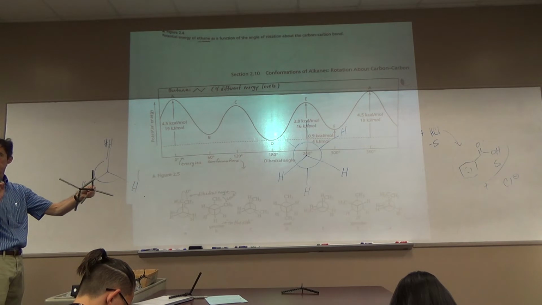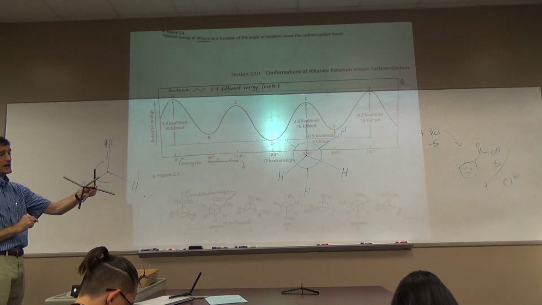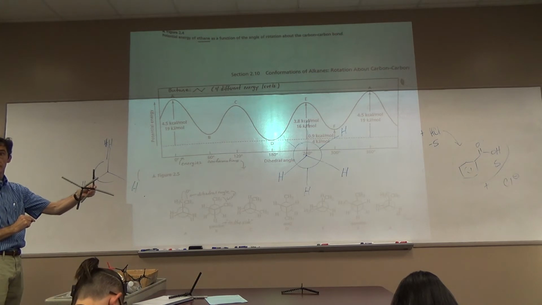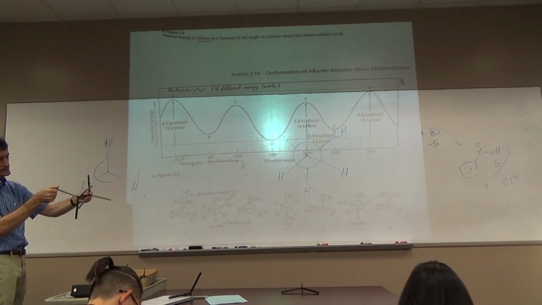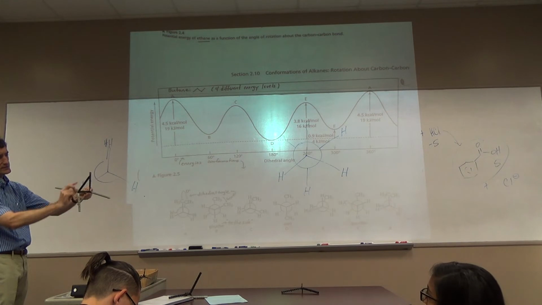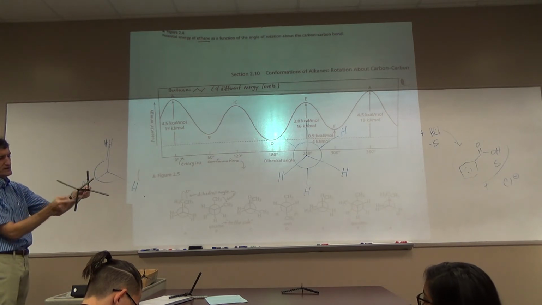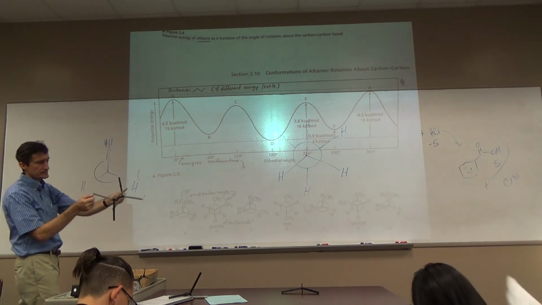We've done 60s for a total of 180, so we went from here to here, 180. Staggered. Staggered's always better than eclipse. But look at this stagger compared to our previous stagger. Is that any better? Yes, because now the 2 methyls are furthest apart, and that is best.